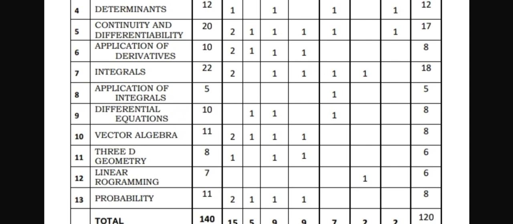For that concept one 2 marks question will be framed, and one 3 marks question will be framed on the cross product. Overall, 8 marks of questions will be asked.